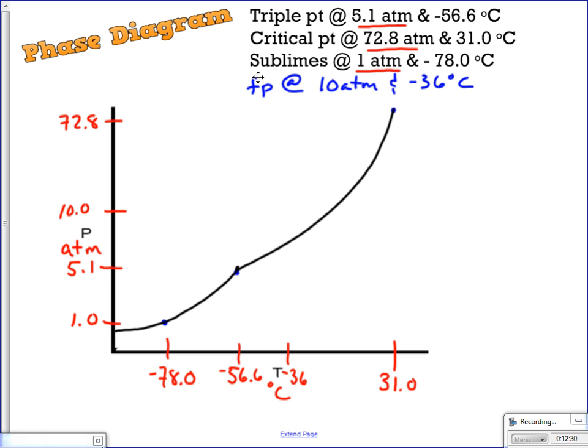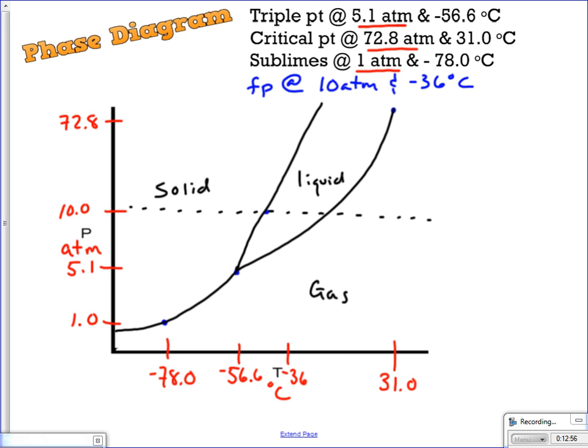So I make the point and it goes like that. Okay, so then what does that mean? From here, it goes up like this. So then what do I have? I have my solid and my liquid, and I have my gas. And that probably means that this would probably be the boiling point. And this would be the freezing point or the melting point, either one you want to call it, okay?